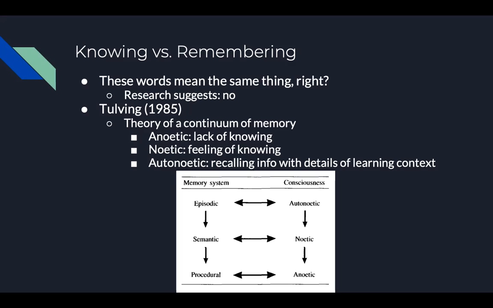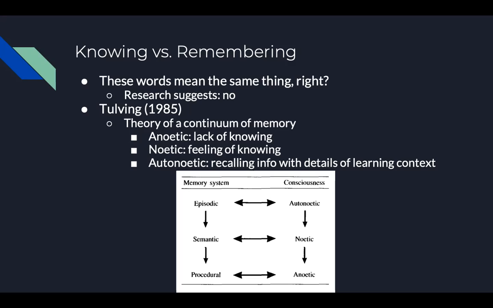And not only that, but we are able to bring up the instances surrounding our knowledge of that episodic information. So this is not only remembering information that you've studied for an exam, but you might even be able to remember where in the book you might have seen that.